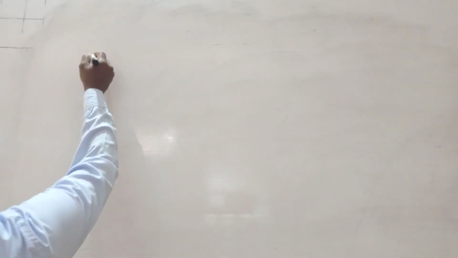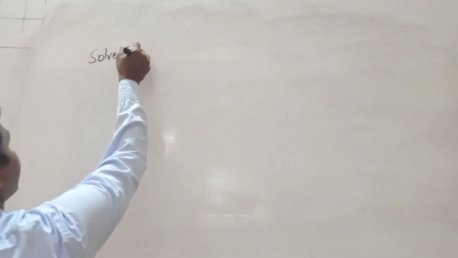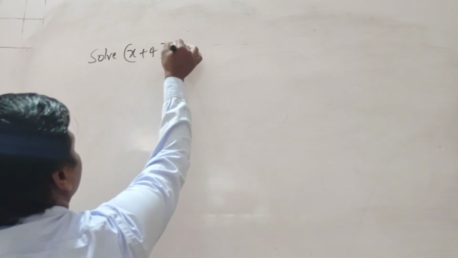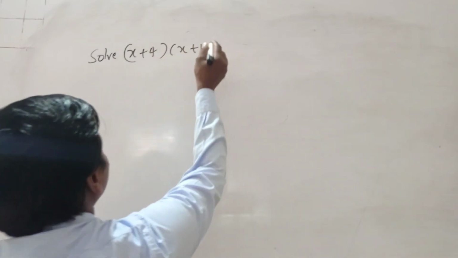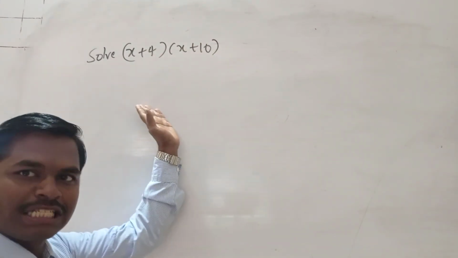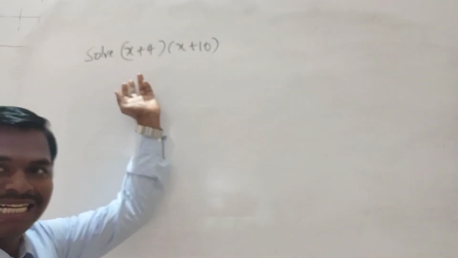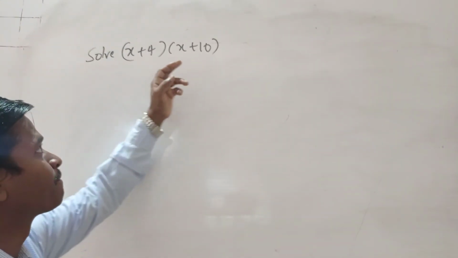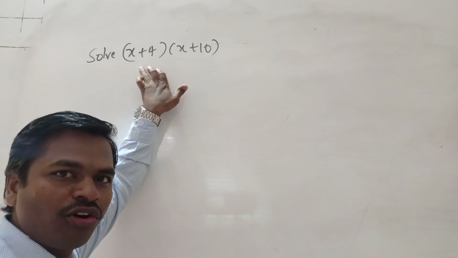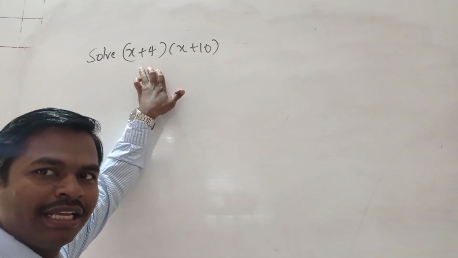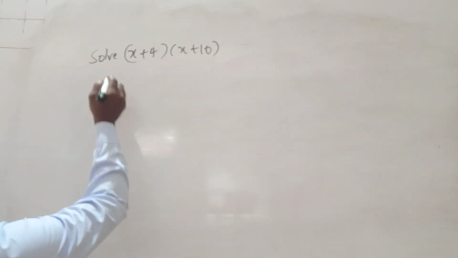The first one is (x + 4) into (x + 10). Solve (x + 4) into (x + 10). This algebraic expression is of the form (x + a) into (x + b). What will I write here?